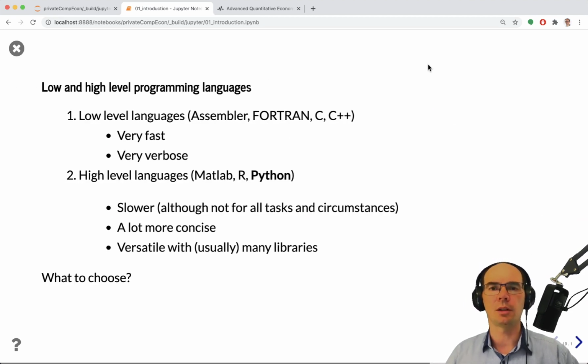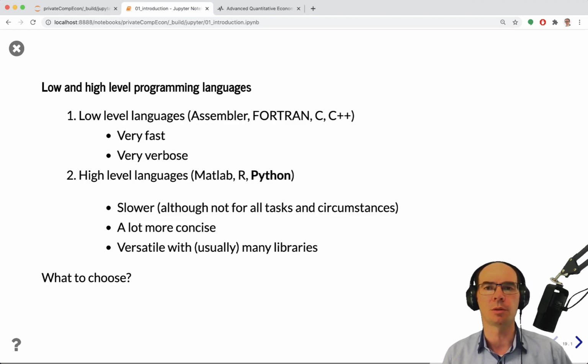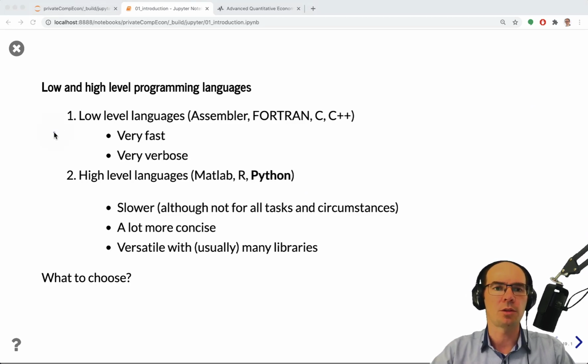Now, a little bit of background and a discussion of why I think Python is a good choice. The thing that you really need to know about programming in general is that there are two levels of programming languages, low-level languages and high-level languages.